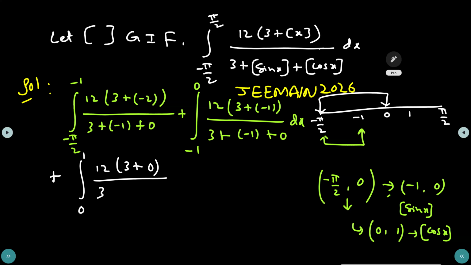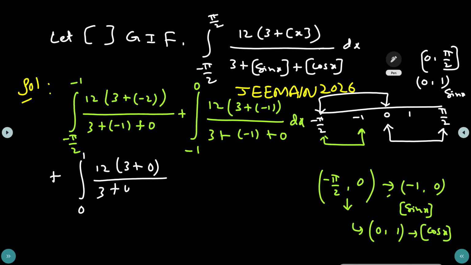0 to pi by 2, come to the first quadrant. For sin cos, to find step sin x and step cos x, you observe the total interval, 0 to pi by 2. Sin 0 is 0, sin pi by 2 is 1. This is sine. For step function you should take the small value.